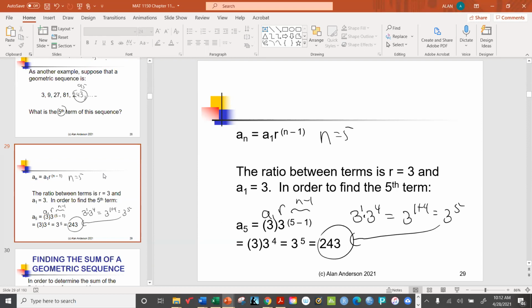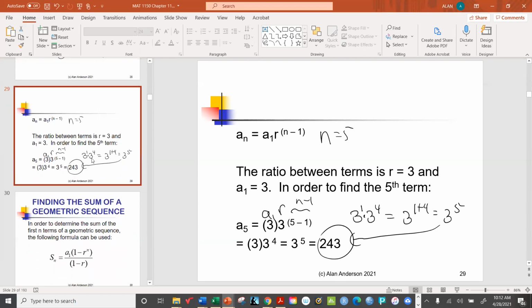Okay, so again, just like we did with arithmetic sequences, we're going to have a formula to help us find the sum of the first n terms of a geometric sequence. All right, now let's take a look at this thing. Now, it's not that complicated, but it's a little bit messier than the previous one.